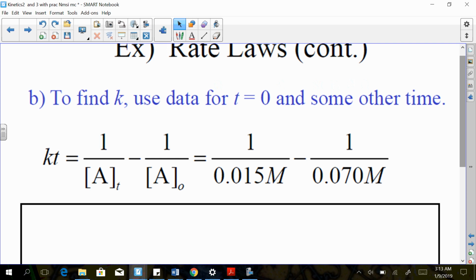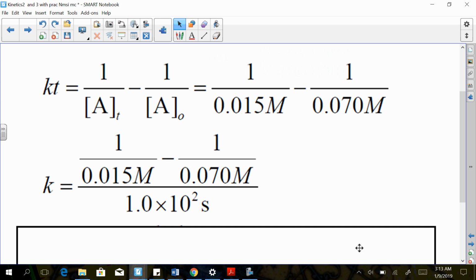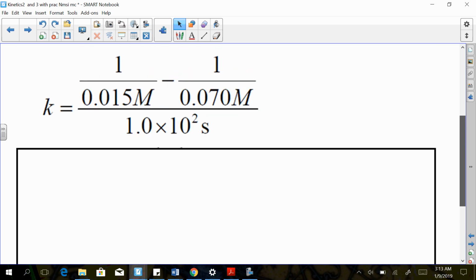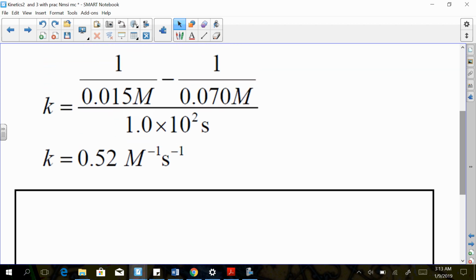If we use our second order integrated rate law and solve for K, if we pick two different times, our starting time and some other point in time, and put those numbers in, divide by that time, you get the rate constant.